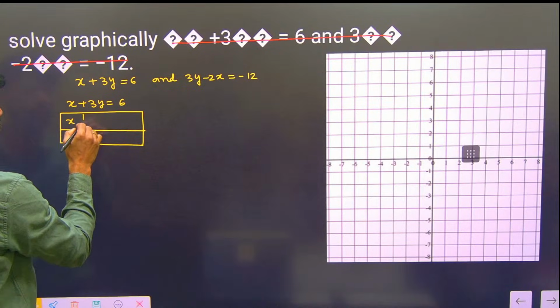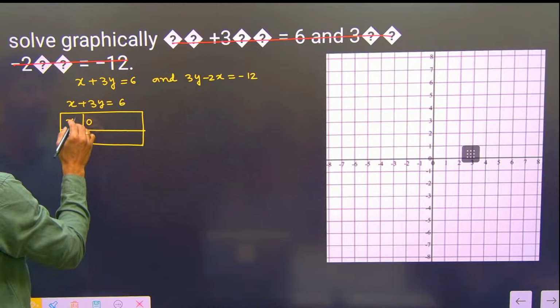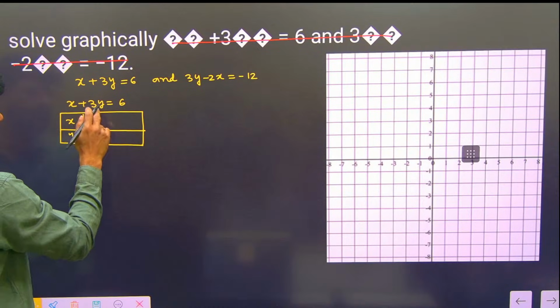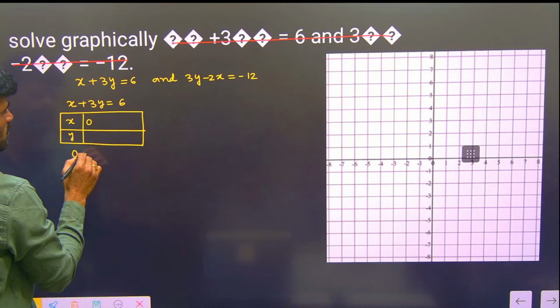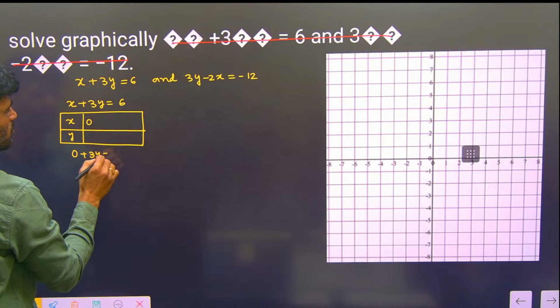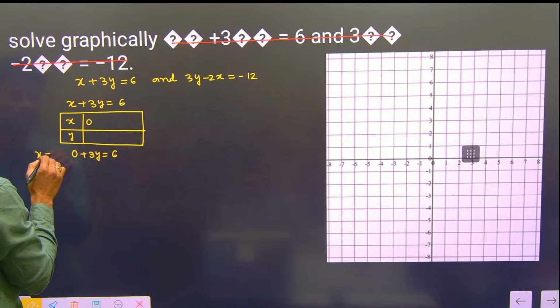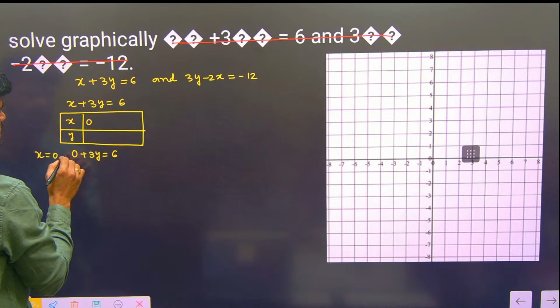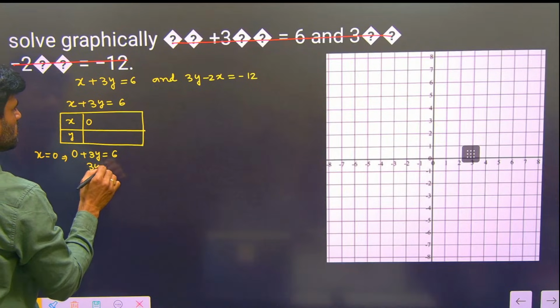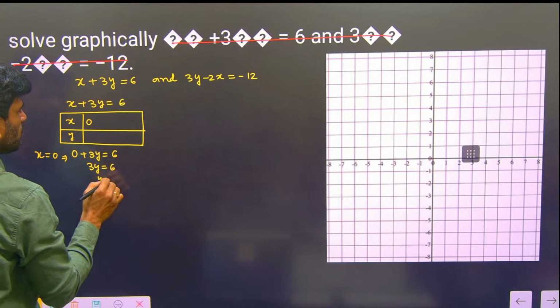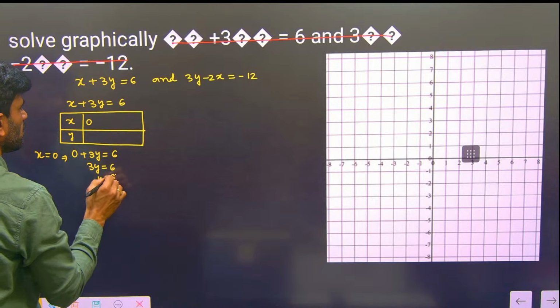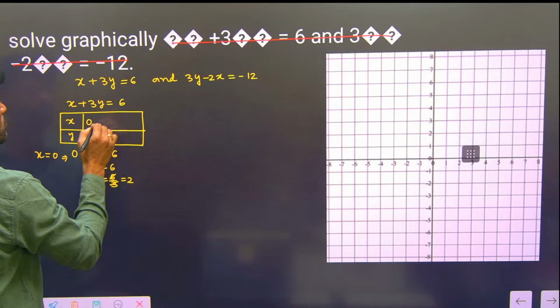X and y. Once we take x is equal to 0, we'll get 0 plus 3y is equal to 6. And what happens? 3y is equal to 6, so y is equal to 6 by 3, y is equal to 2.